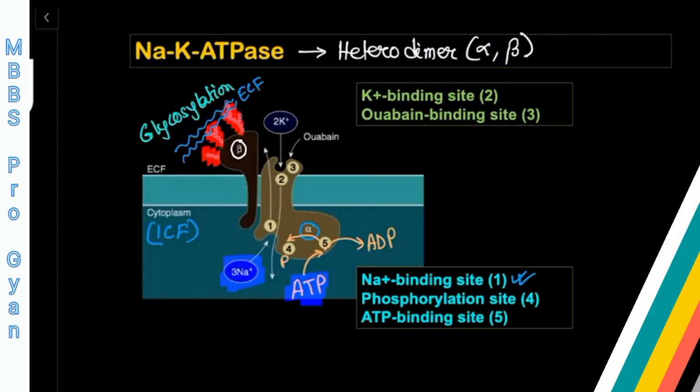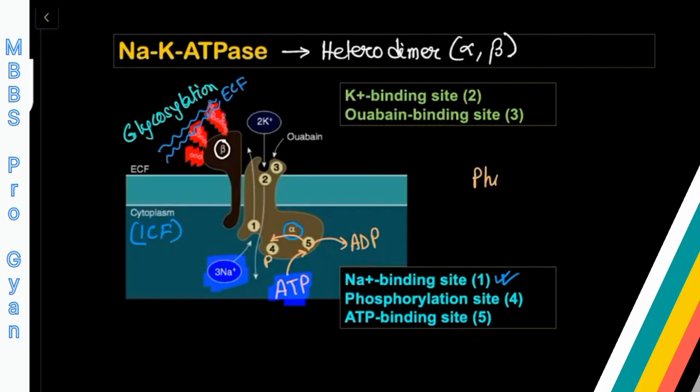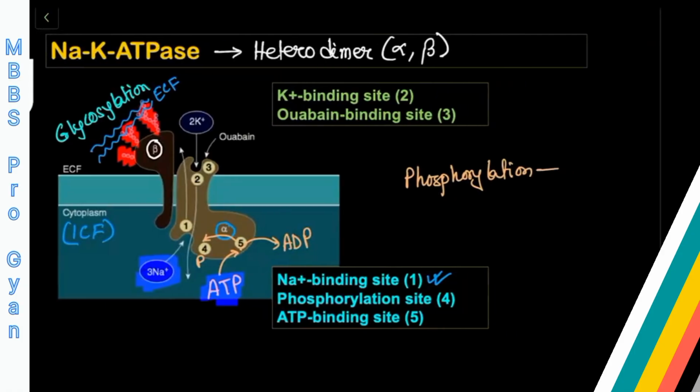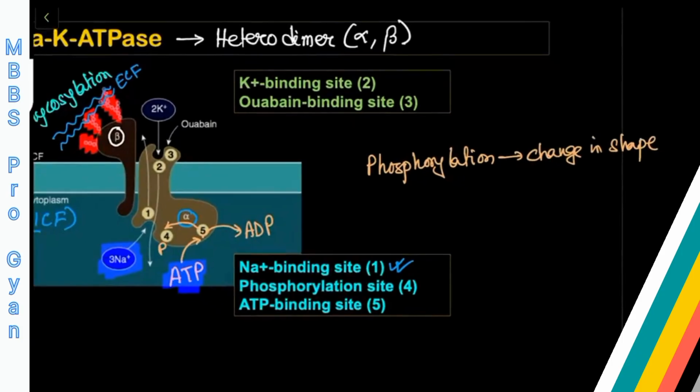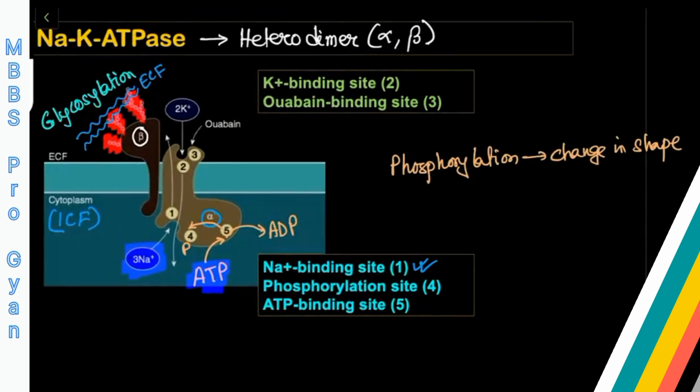Because of this phosphorylation, there is a change in shape of this sodium potassium ATPase molecule, because of which this sodium will be thrown out of the cell.